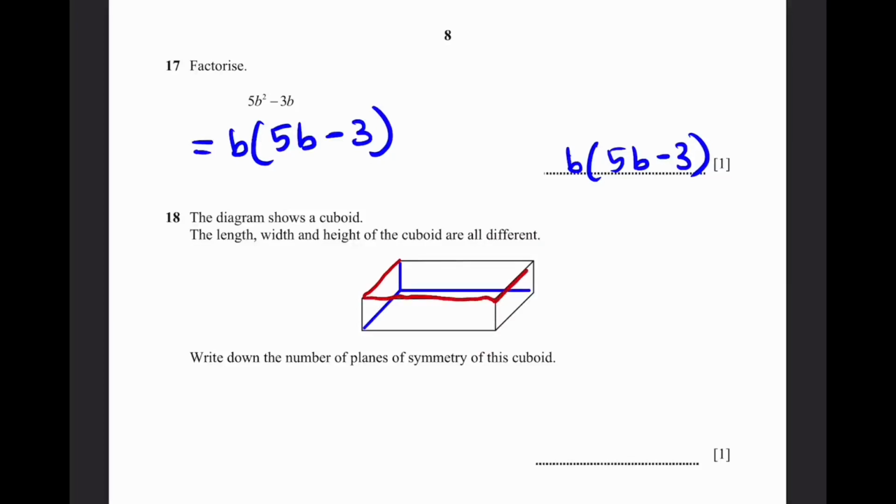You can take any line of symmetry, but only one for this stage. So that'll be this line. And if you want to extend it to make a rectangle, draw it the same to here. So this is the first plane of symmetry.